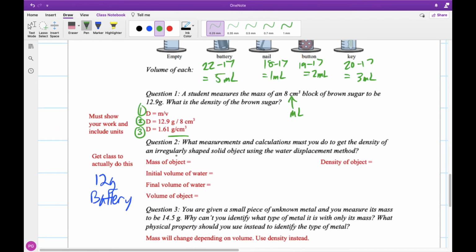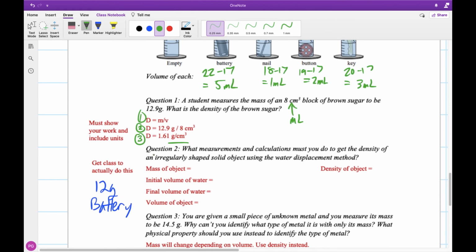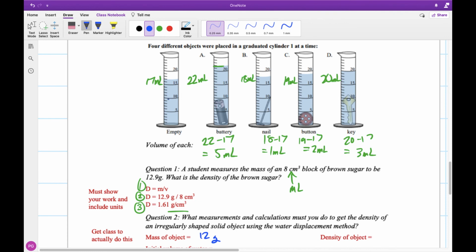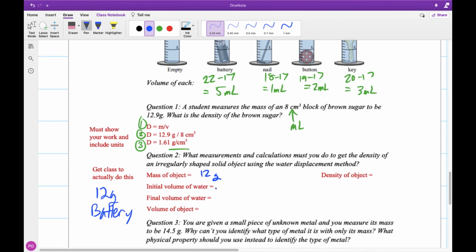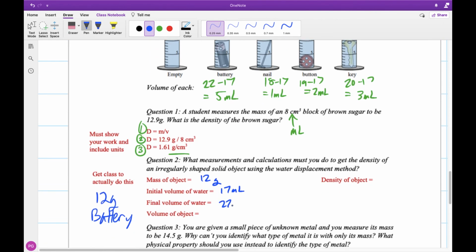If we wanted to get, say, an irregularly shaped object, let's say we took our battery, the one from up here, and let's say it's 12 grams of mass. So our mass of the object is 12 grams. We have our initial volume of water, which is the volume when our cylinder doesn't have the battery, which was 17 milliliters. The final volume we got up here was 22 milliliters.